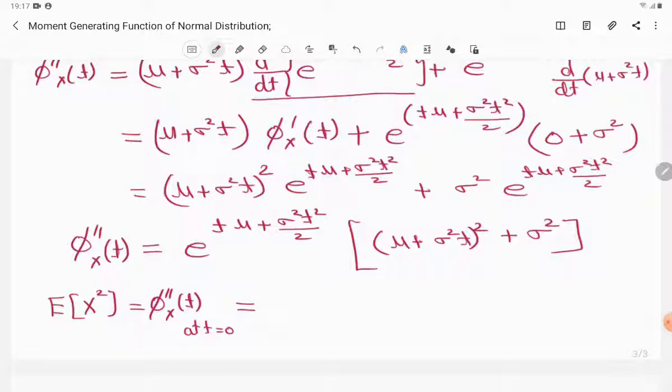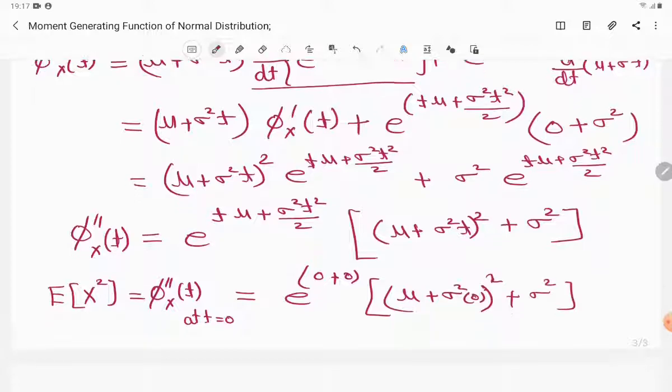So if I put t equal to 0 here, as I did earlier, e power will be 0 plus 0, and inside I will have (mu plus sigma square into 0) whole square plus sigma square.